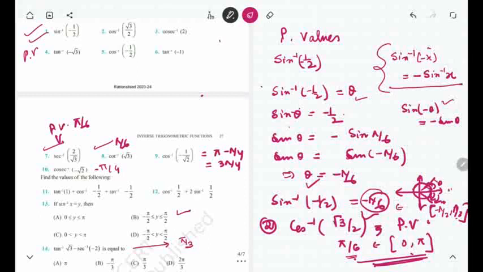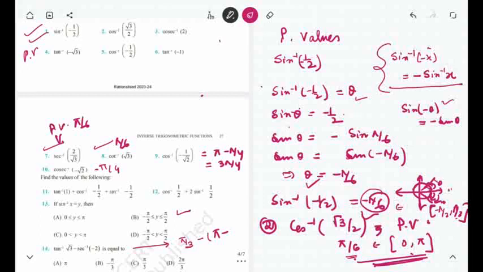For sec inverse minus 2, it is pi minus cos inverse 1 by 2. When it is pi by 3, cos pi by 3 is 1 by 2, so sec pi by 3 is 2.